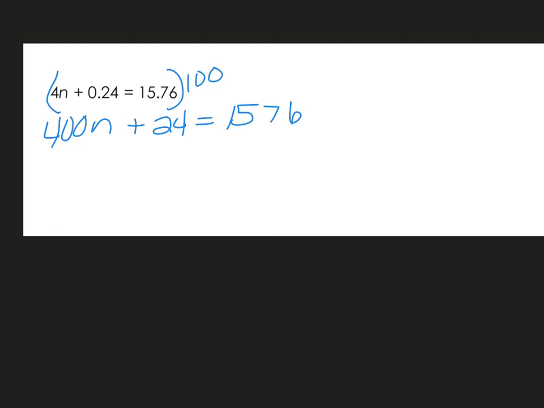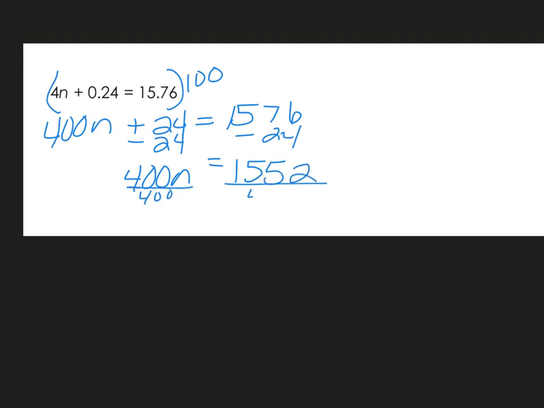So continuing on, I'm going to move my constant over here. So now I have 400n equals, let's see, 1576 minus 24 will give us 1,552. I'm going to divide by 400, divide by 400.